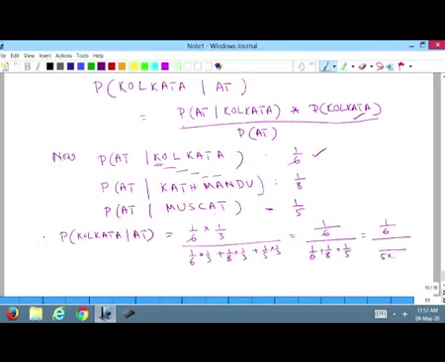That is equal to 1 by 6 upon, with denominator 5 into 6 into 8, 40 plus 30 plus 48, is equal to 40 upon 118, which can be further simplified, is equal to 20 upon 59.